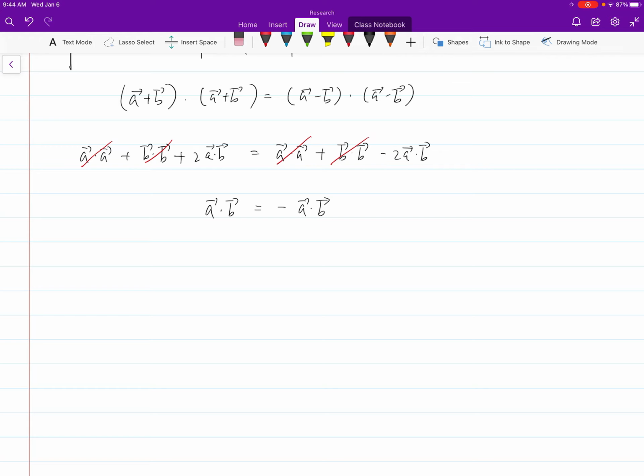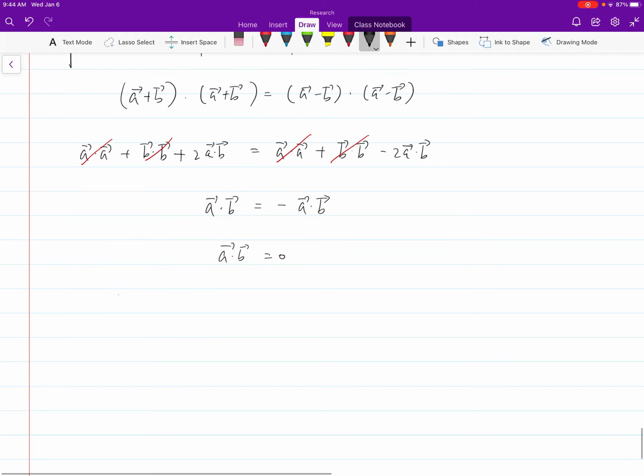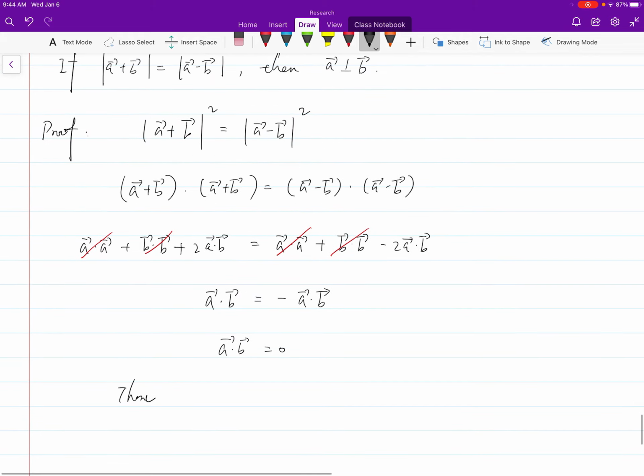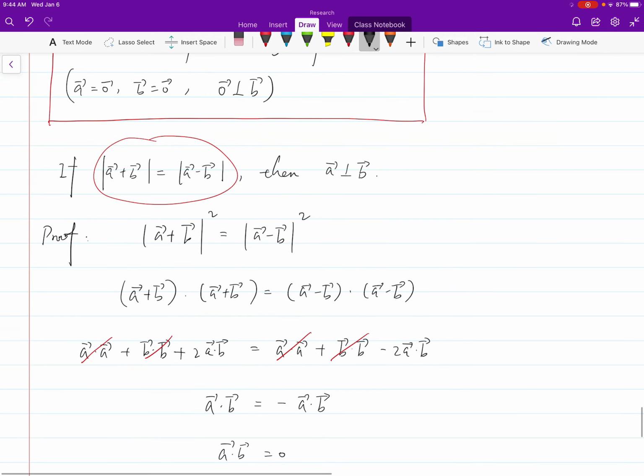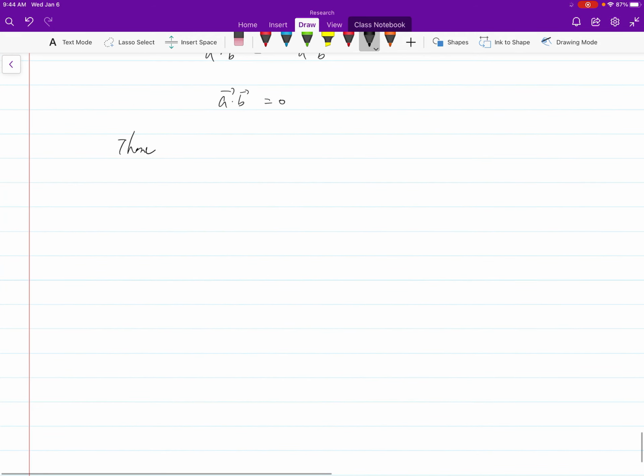That implies A dot B has to be 0. Therefore, A dot B equals 0, and A dot B equals 0 implies A is perpendicular to B, because it implies cosine theta is 0. Therefore, A is perpendicular to B.